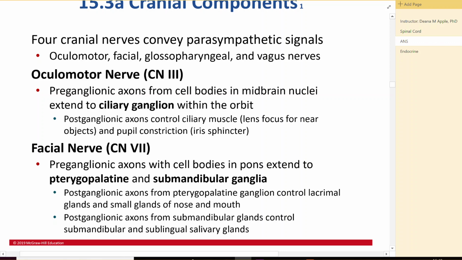Tears, yes. Lacrimal glands in your eyes, and the glands of the nose and the mouth. The postganglionic cells from the submandibular ganglia are going to control submandibular salivary glands and sublingual salivary glands. So the facial nerve is going to innervate tears and snot and saliva.